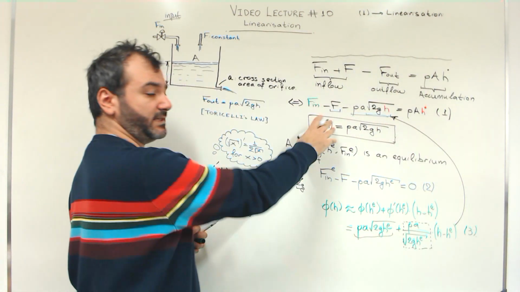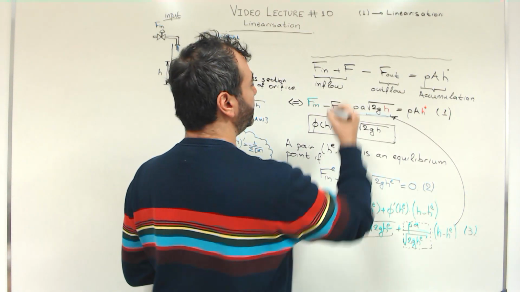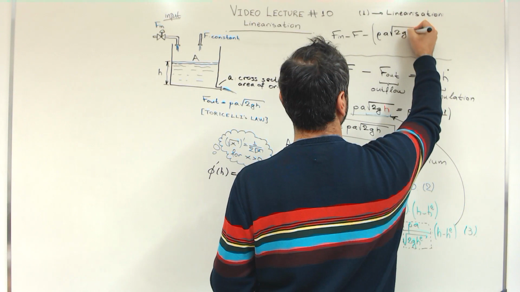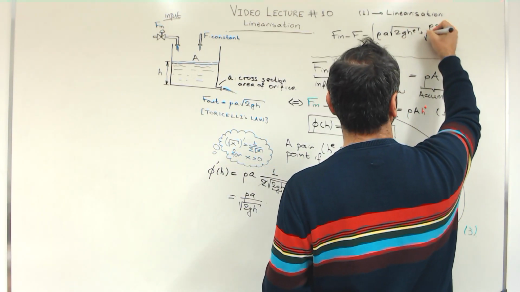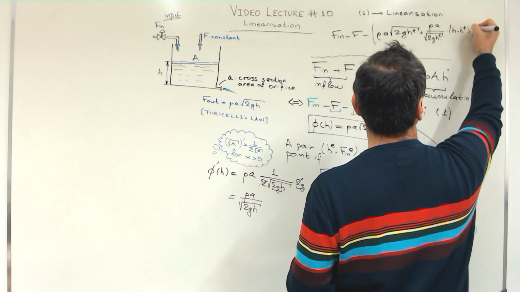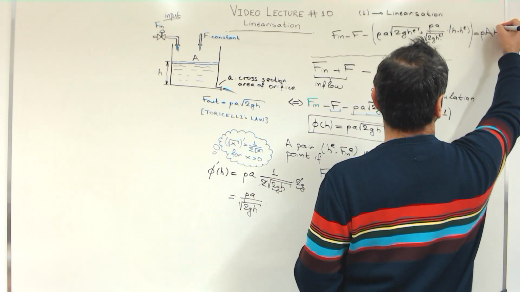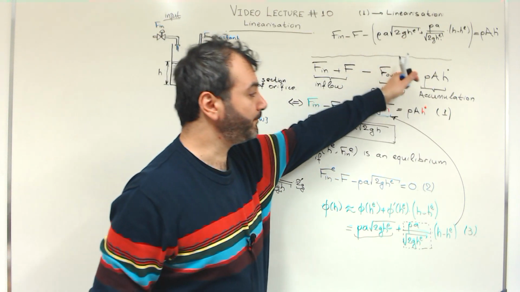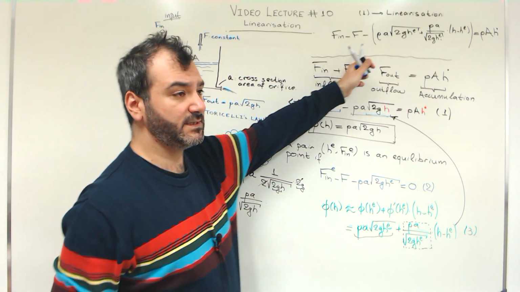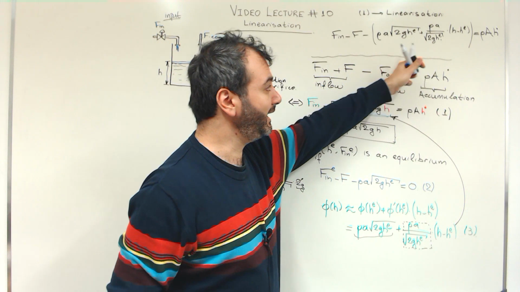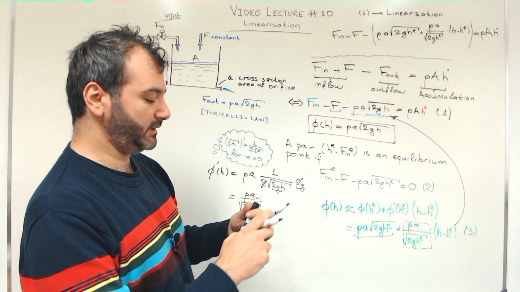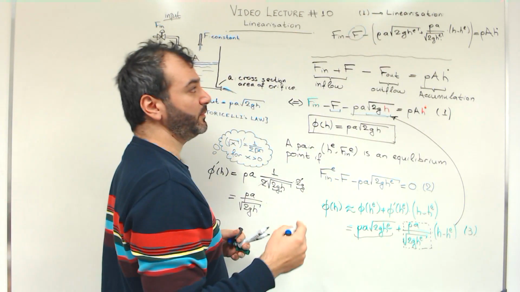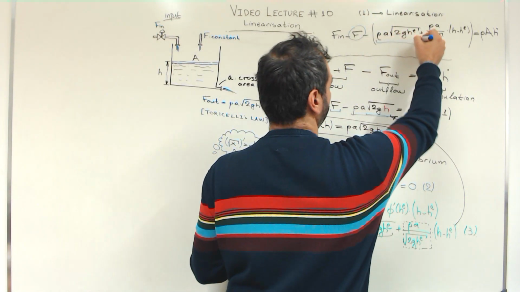So the linearization of equation 1 becomes this, and that is the linearization of equation number 1. However, this is again not linear yet because it involves certain constant terms. For example, f is constant, which I said in the beginning, and this term is also constant.